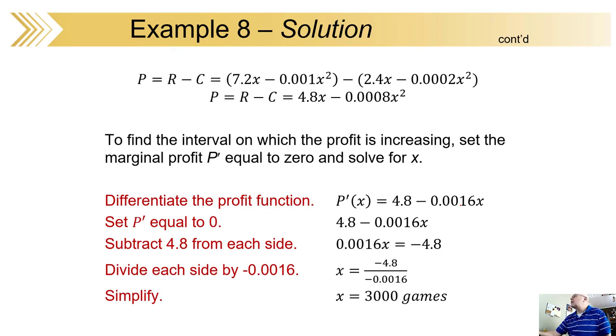So what's 3,000 games? 3,000 games is your critical point. Remember just a moment ago, that's where the derivative was 0. Something happens at 3,000 games.